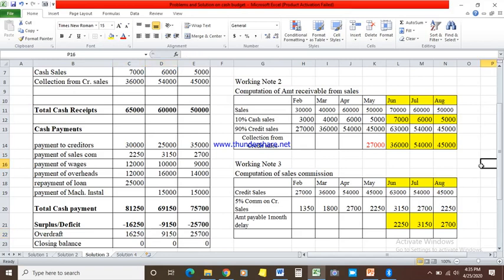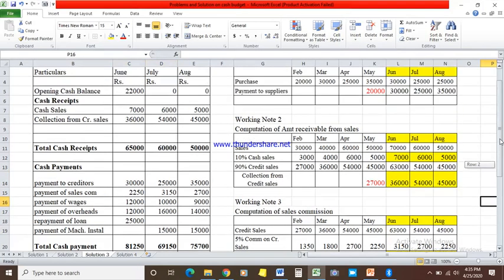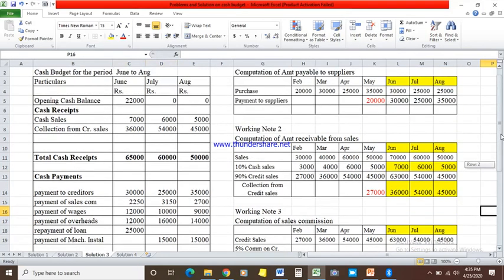So by preparing a cash budget, the company can understand whether they'll have a surplus or deficit cash balance, and accordingly make arrangements to cover the deficit. So this is about the third problem.